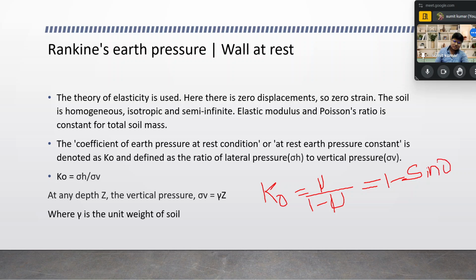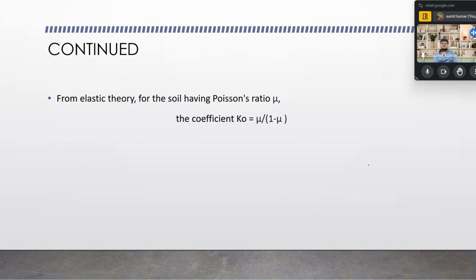Okay, I think this much understanding is clear for everyone. So we will move on. Over here you can see it is already written that for the elastic theory, the soil having Poisson ratio mu, the coefficient of earth pressure in the rest condition is mu by 1 minus mu. But when we move ahead to the second term, we come across the coefficient in terms of phi.